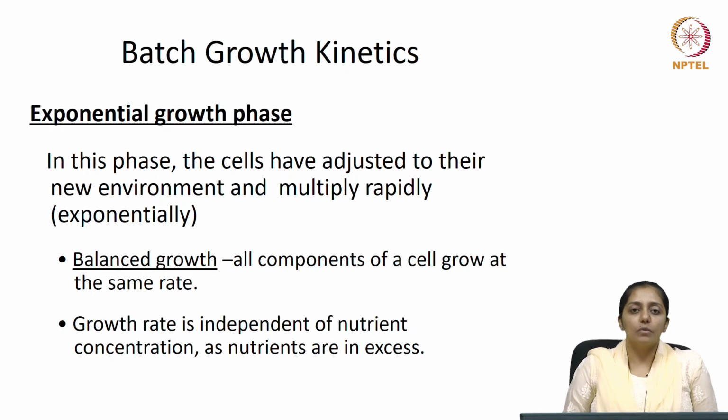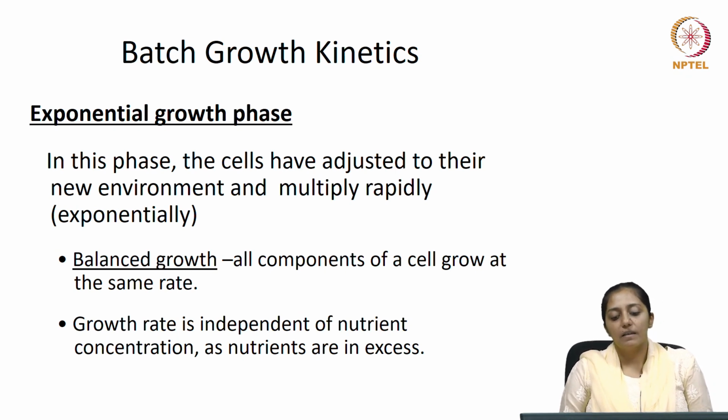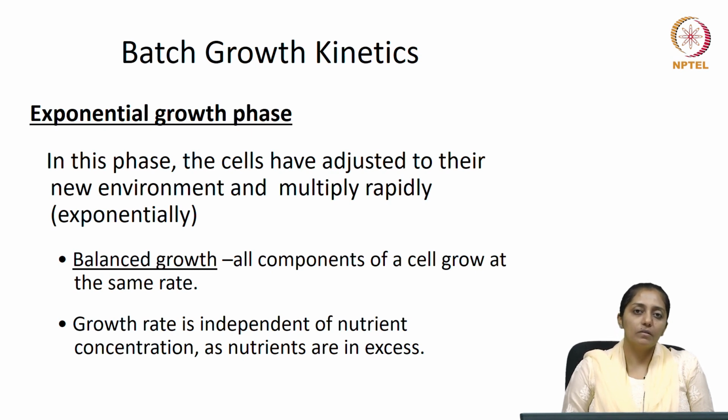Then the exponential growth. So one key phase is your lag phase, another key phase in the batch growth curve is your exponential growth phase. In this phase, the cells have adjusted to their new environment and they start multiplying rapidly, or exponentially. Here is when we can assume balanced growth. You remember balanced growth? Balanced growth means all components of the cell are growing at the same rate as the cell number or the cell mass.